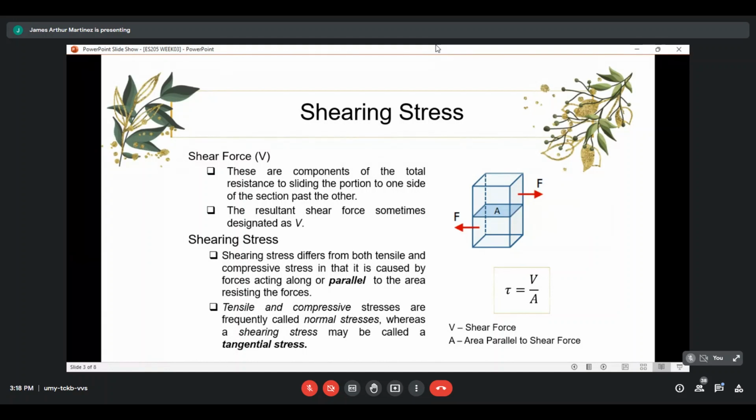These are components of the total resistance to sliding the portion to one side of the section past the other.